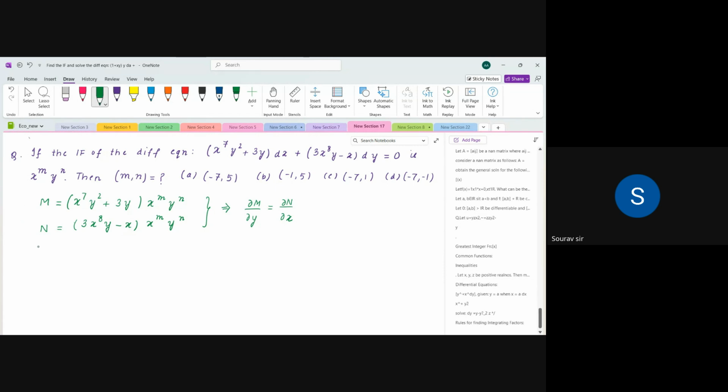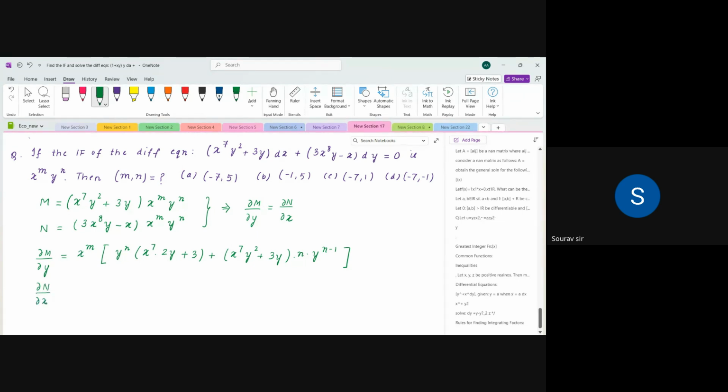So if I try to partially differentiate m with respect to y, so x to the power m will be outside, right? So second into derivative of first plus first into derivative of second. Correct?